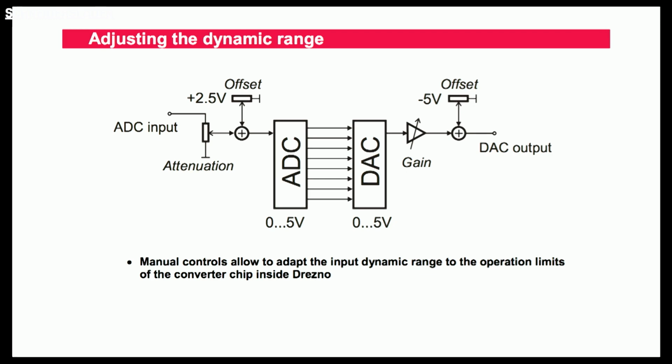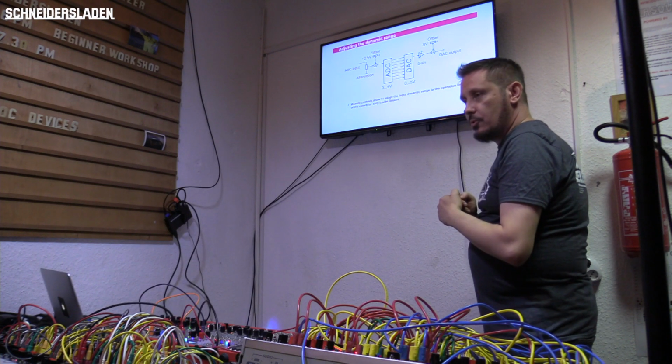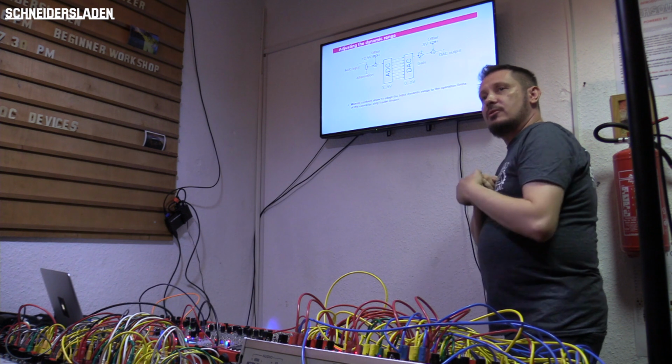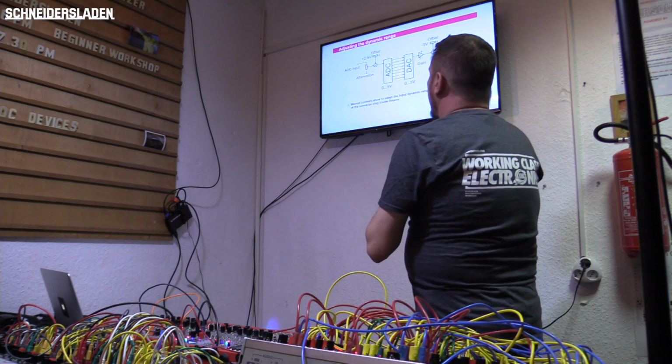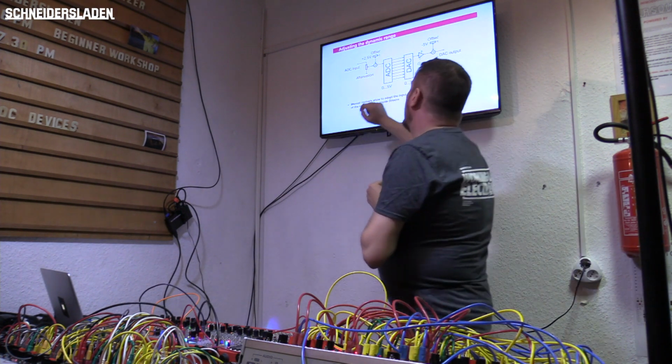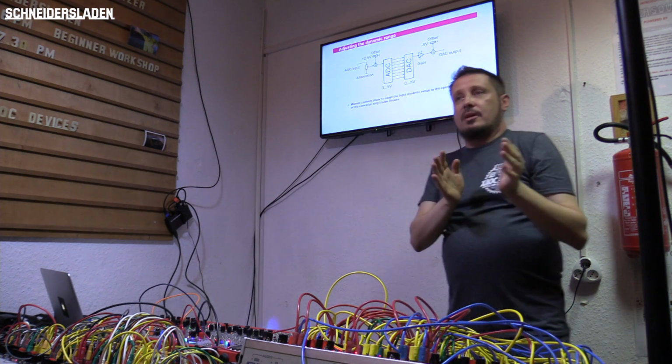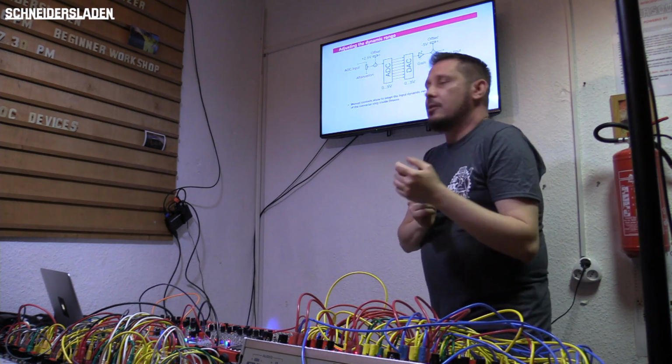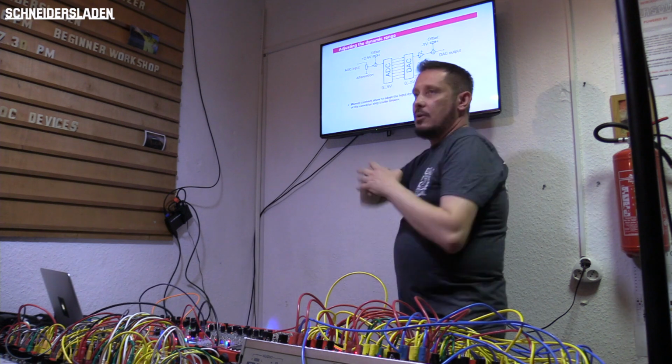A very important thing about application of analog to digital and digital to analog conversion is adapting the range of the signal to the resolution of the converter. That's why we have two sliders on each side of Drezno to adapt the signal to the dynamic range that the converter chip can handle, which is 0 to 5 volts.